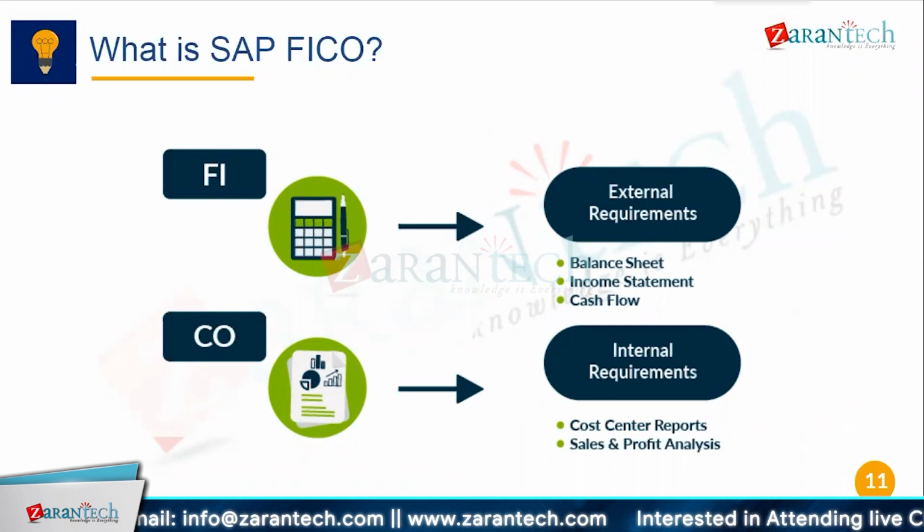Internal are cost center reports, sales and profit analysis. Cost center reports are not a statutory requirement by any government or statutory body. That cost center report is something that would benefit the company, showing how well a certain area of theirs is doing.